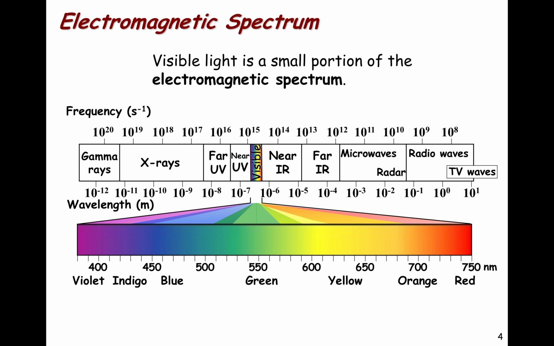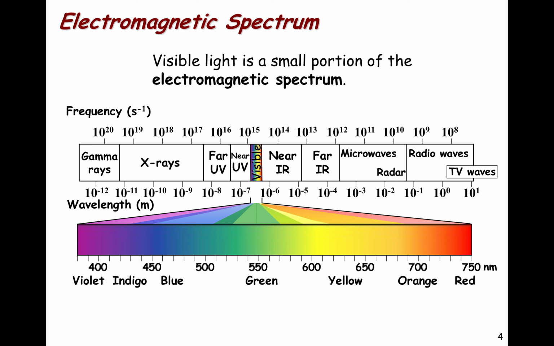But then we also have radiation that we know of as microwaves and radar, and then even further we get to radio waves and the types of waves that we use for broadcasting television signals.